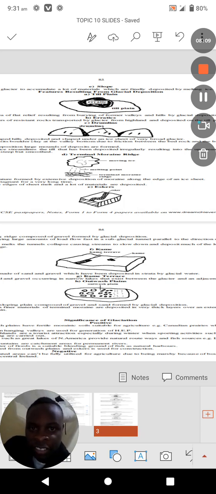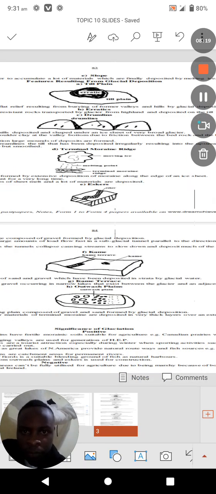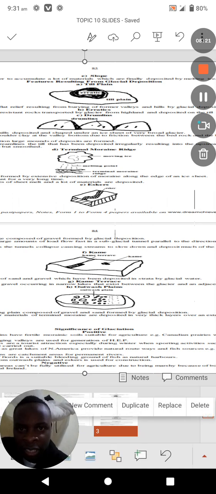Now we have the features resulting from glacial deposition. The first features are the till plains, the erratics, and then the drumlins, as you can see how they look. These are the erratics and till plains.